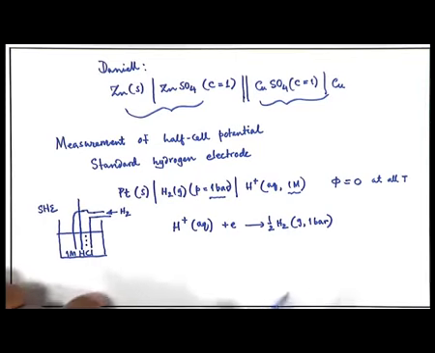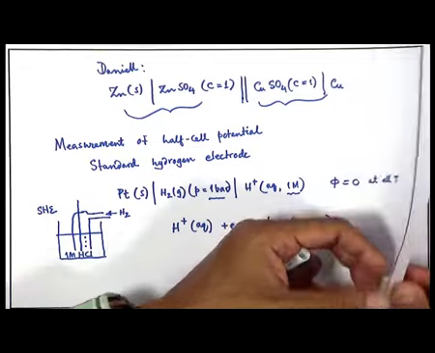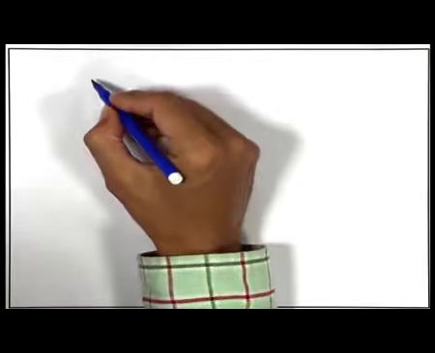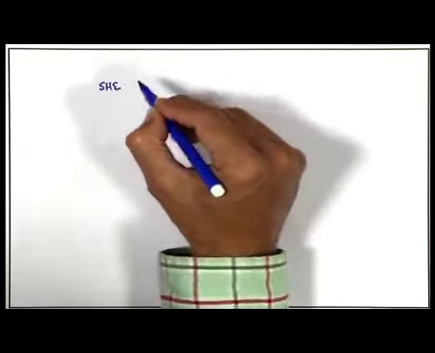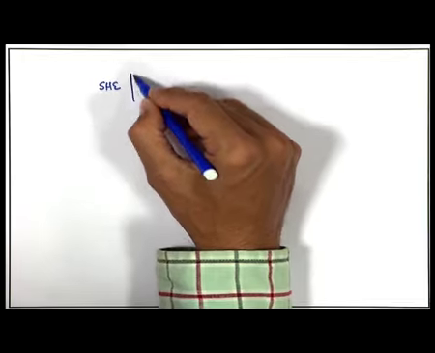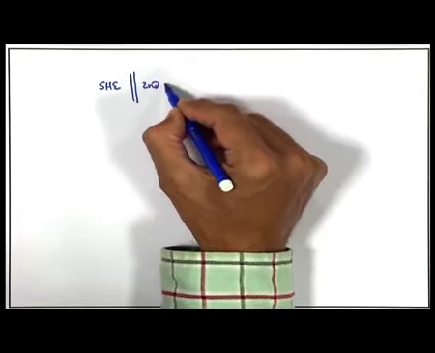Okay. So, briefly what is done? You couple this hydrogen electrode like this. I shall abbreviate it as SHE, and then you have this double vertical line, then the second half cell.